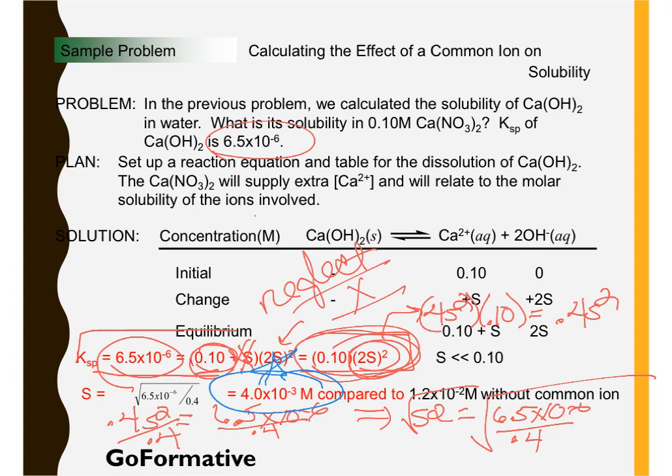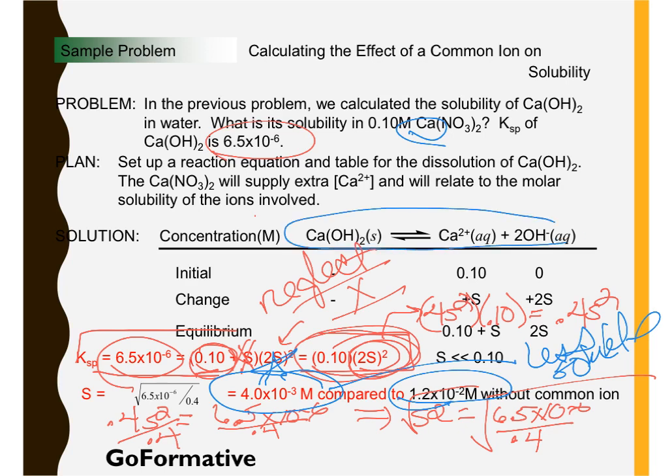to the minus 3. Now, what did we get for the solubility, or for X, when there wasn't any common ion? If you go back two slides ago, the solubility was 1.2 times 10 to the minus 2. So it is a lot less soluble in the presence of a common ion, which is what you would expect.